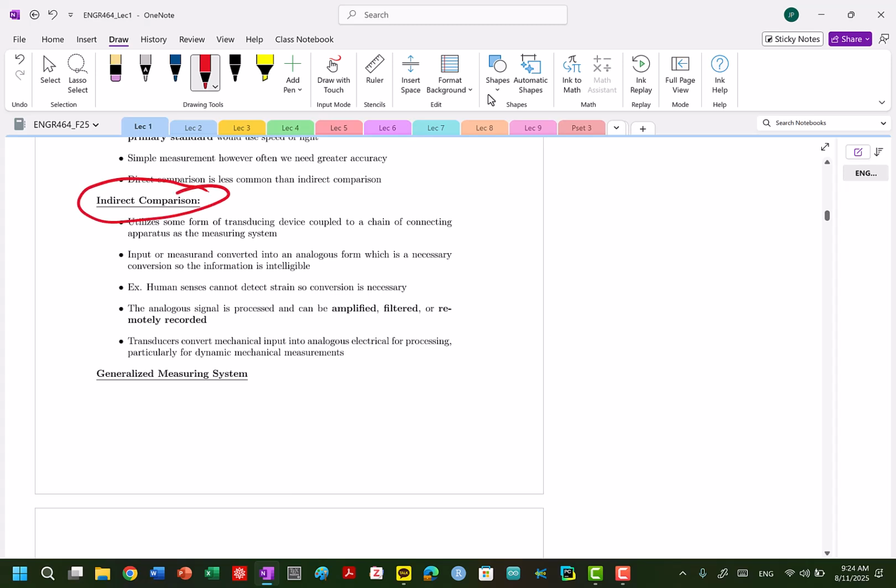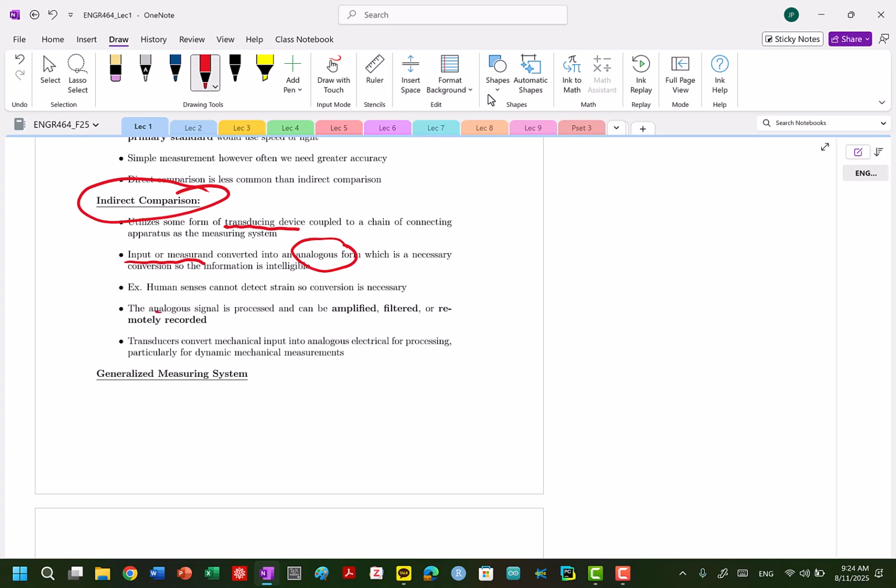The difference here is that some type of transducing device is coupled in order to measure. Your input is still the measurand. It's converted into some different analogous form, using this transducer device, so that it's intelligible.